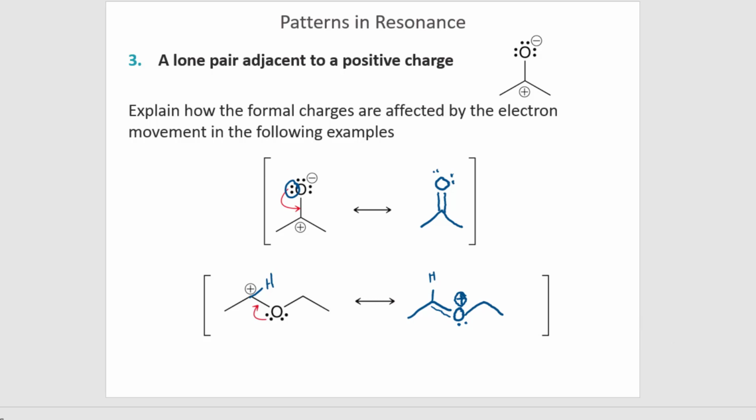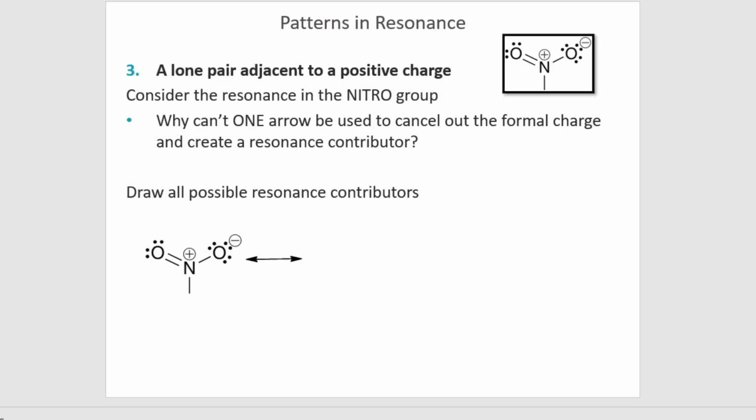Which of the two contributors is probably the more stable one? This one. Why? Everyone has an octet and is happy, despite the oxygen positive charge. Lone pairs adjacent to positive charges. Again, we can see this with a nitrate example.